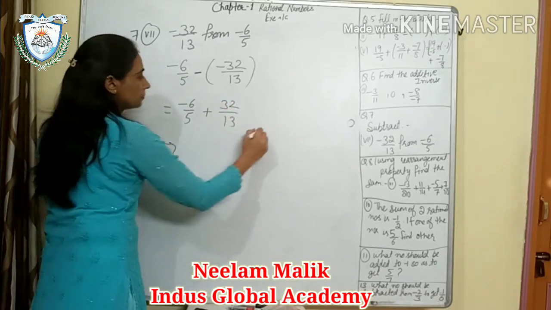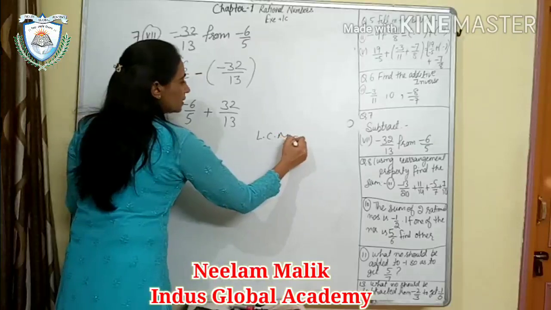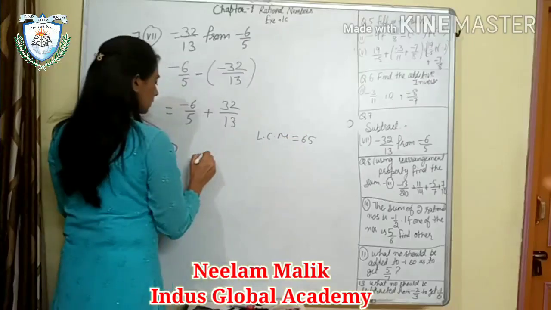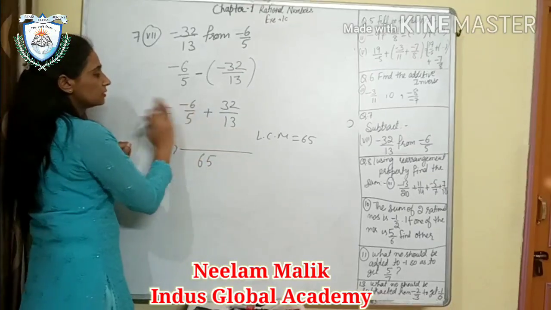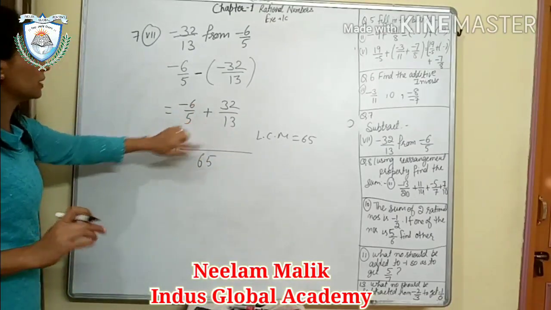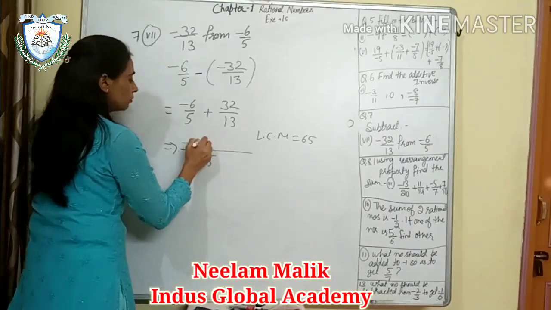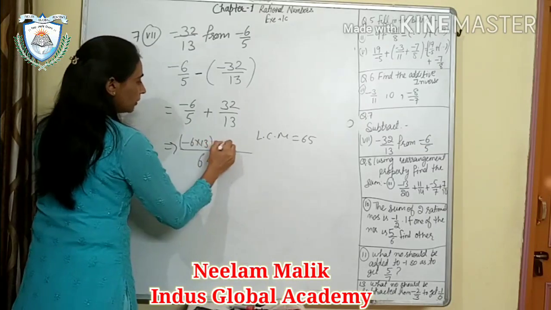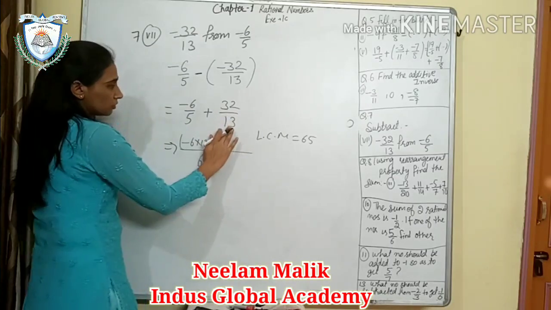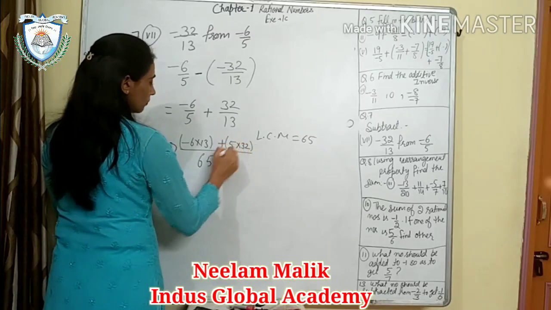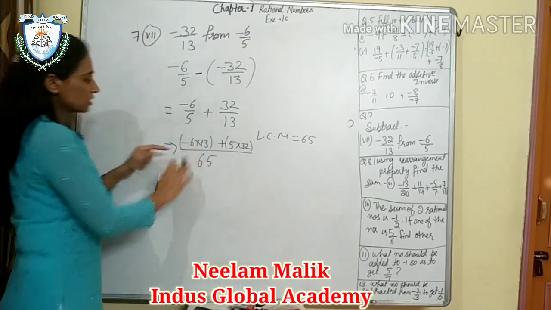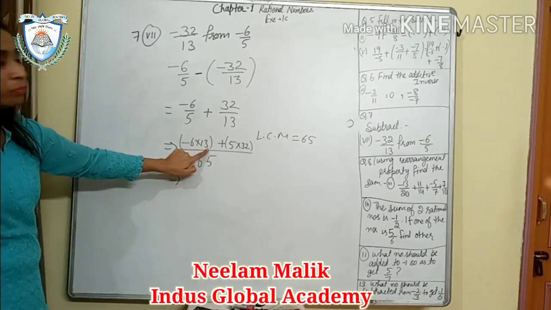What will be your LCM? LCM will be 65. 5 13s are 65, and you will multiply this one here: -6 into 13, plus 5 into 32... This is negative and this is positive.